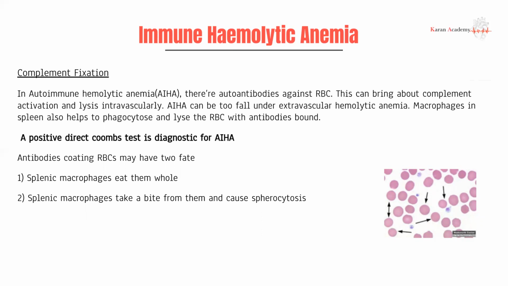Whenever we have antibody-coated RBCs, it can undergo one of two things. As I talked about earlier, with these damaged cells, you either take the entire thing out, or you take a bite from them, or you remove a part of them. And so either you have just no RBCs, which is the anemia side, or you have these poorly formed RBCs in the form of spherocytes.